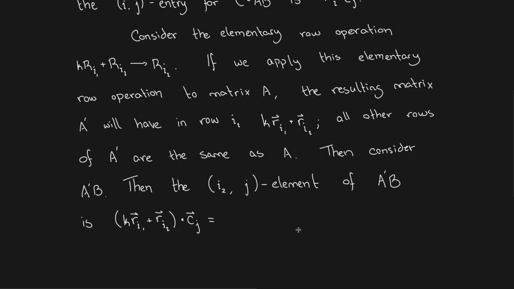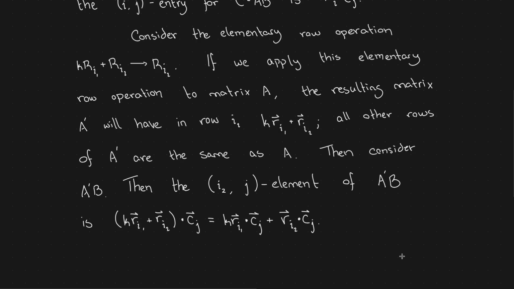Okay, and I could distribute this, right? Dot product has a distributive property, so I get k row I sub 1 dot Cj plus row I sub 2 dot Cj.